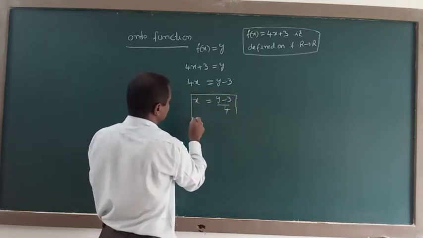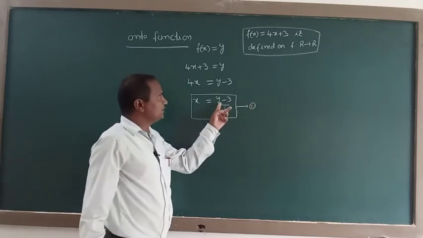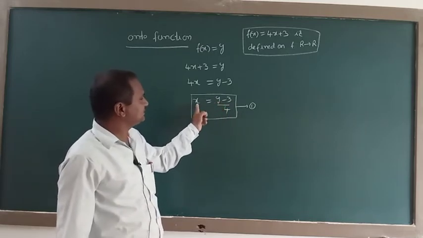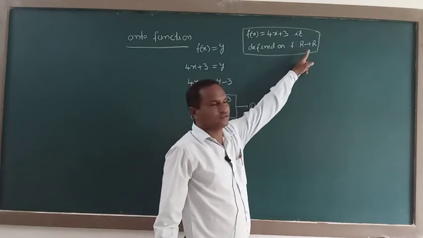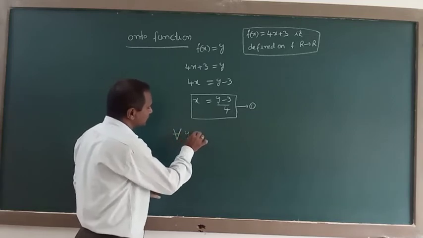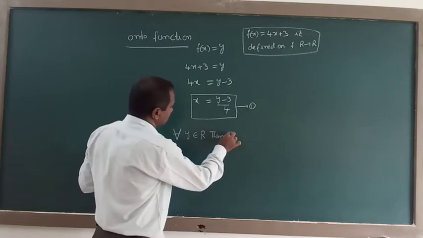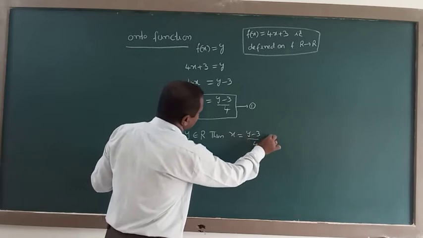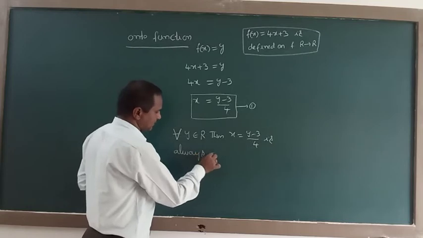Further you have to check, consider equation number 1. For all y belongs to capital R, we will get x equal to also a real number, because it is defined from R to R. For all y belongs to capital R, x is equal to y minus 3 by 4 is always a real number.